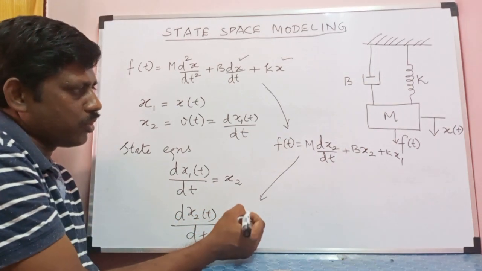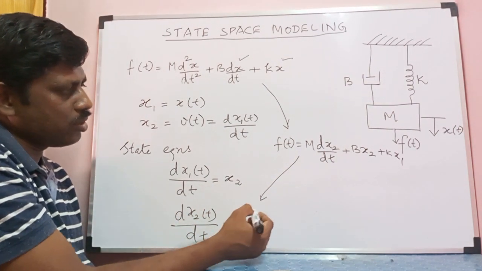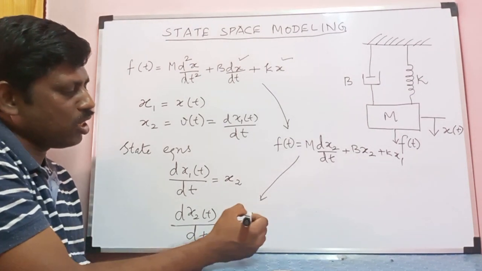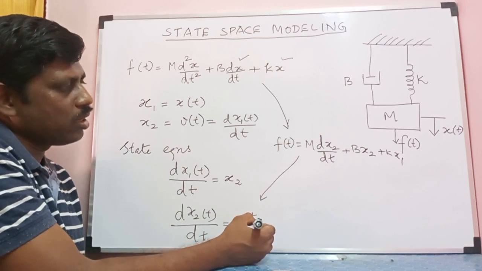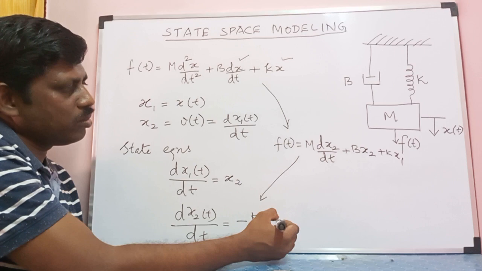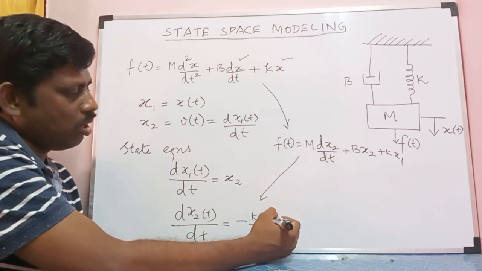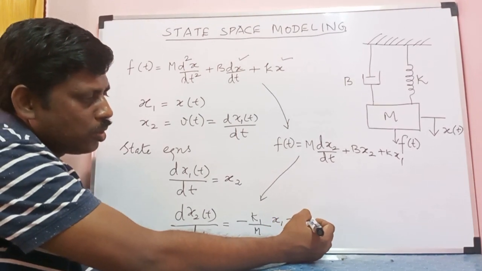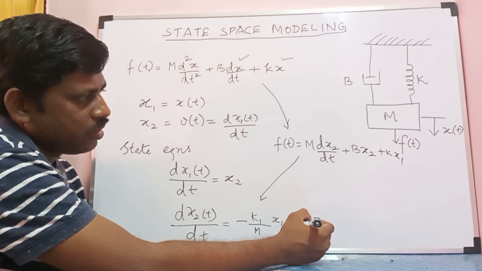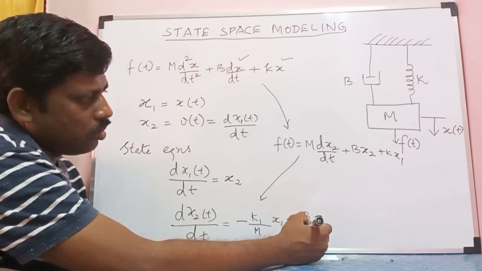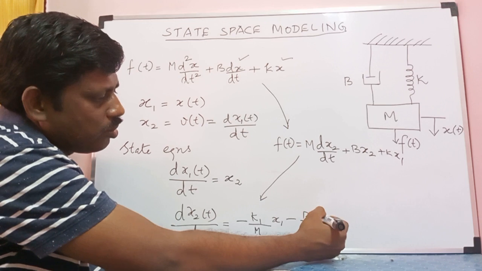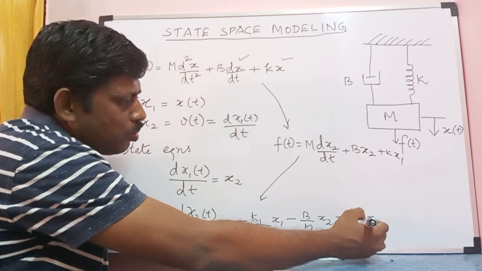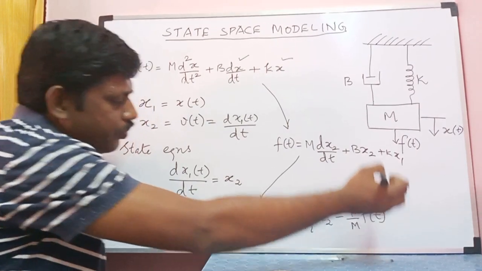I can get from this as minus, I will write the x1 terms first, k1 by m into x1, minus, then I will write the x2 term, b by m x2, minus 1 by m f of t.